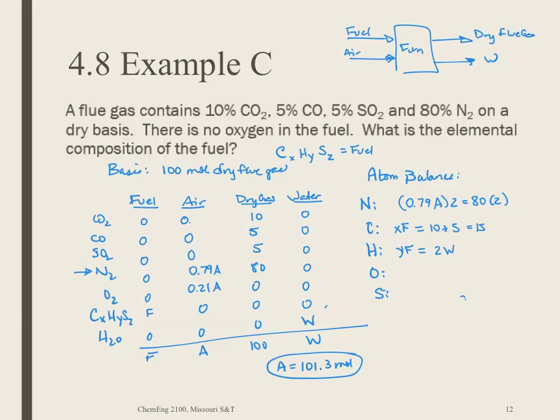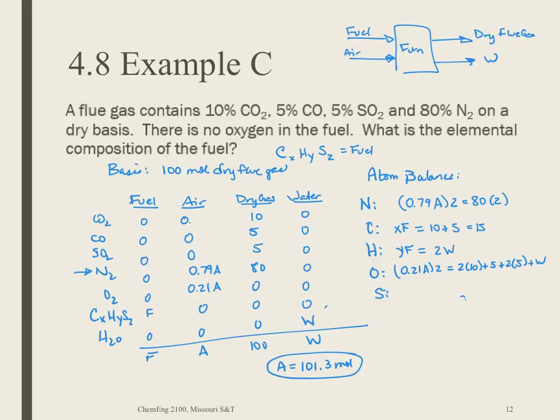O, well, O is a little more complicated. It's 0.21A times 2, and it leaves in CO2, it leaves in CO, it leaves in SO2, and it leaves in water.